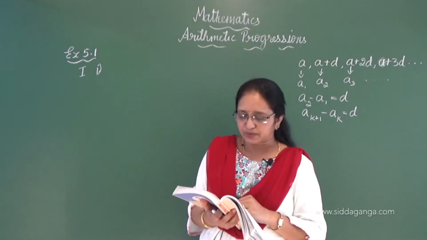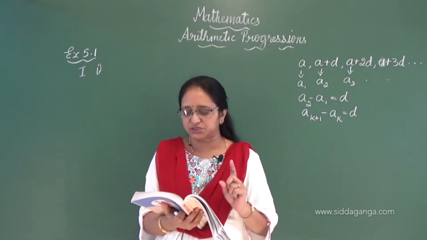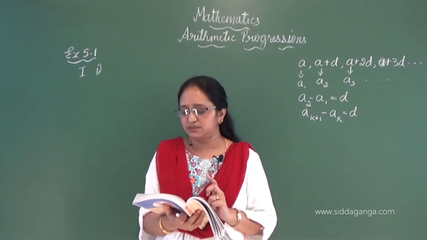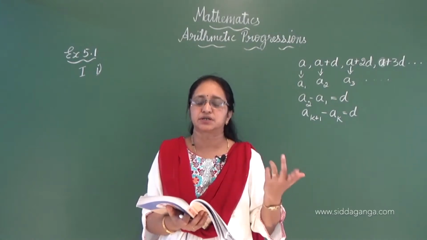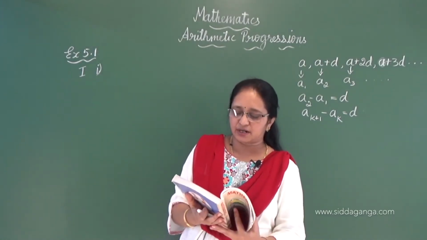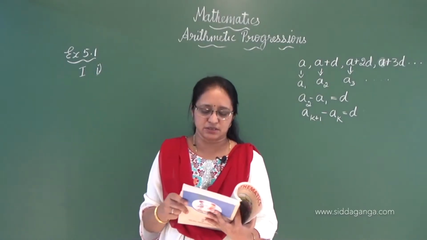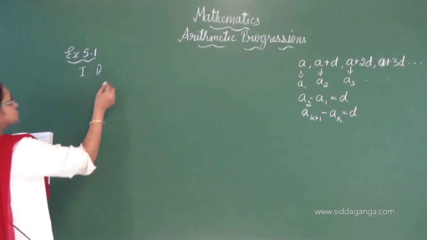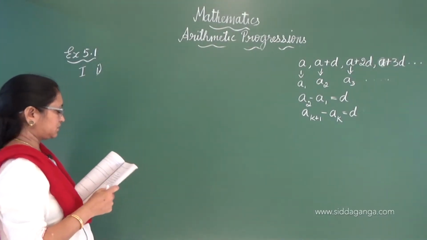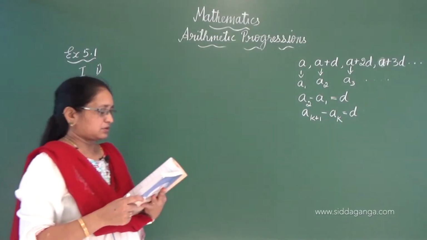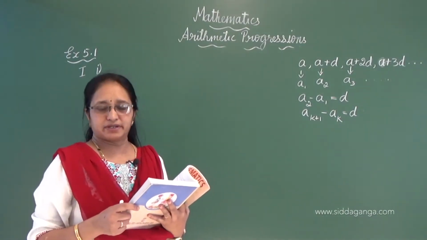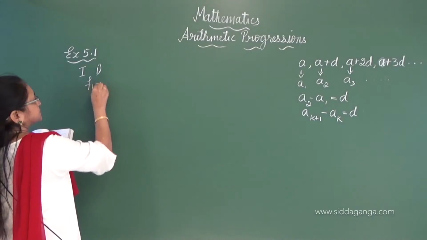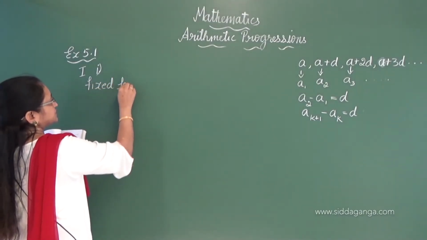First one: the taxi fare after each kilometer, when the fare is rupees 15 for the first kilometer and rupees 8 for each additional kilometer. So for the first kilometer it is rupees 15. That is actually called the fixed fare or fixed charge.